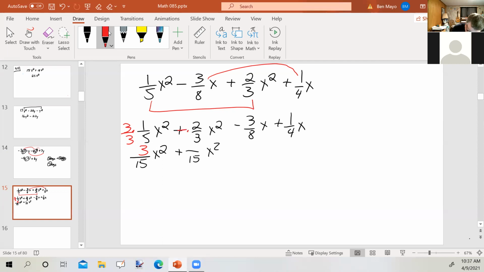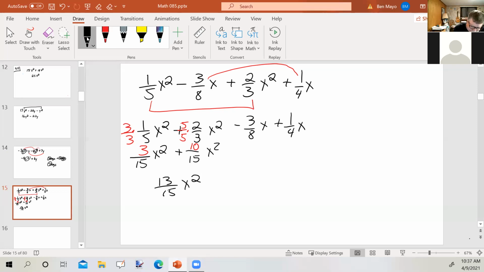I need to multiply 2/3 by 5/5, which gives me 10/15 x squared. So 2/3 becomes 10/15. Now, 3/15 plus 10/15 is 13/15, and that is x squared. Any questions?